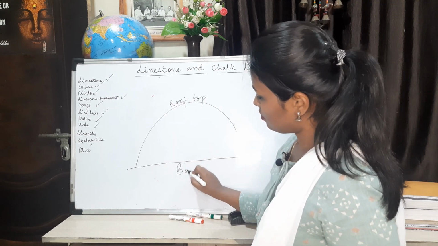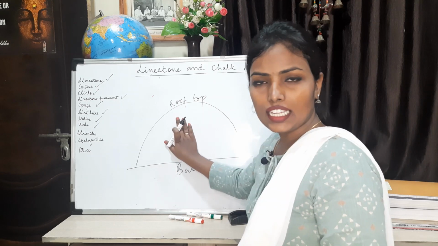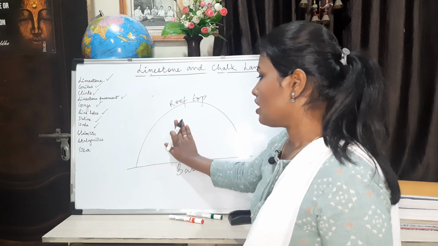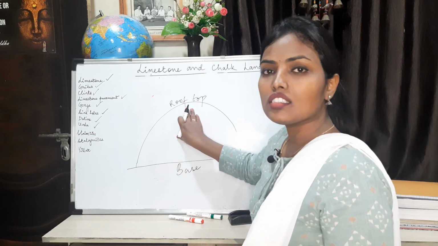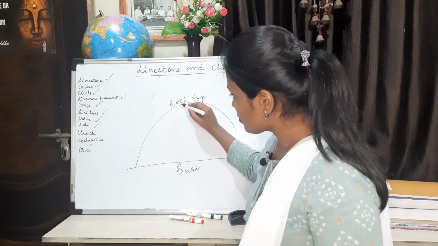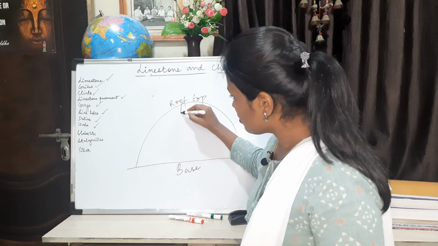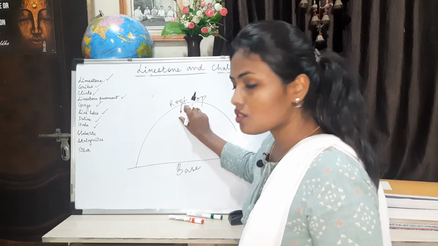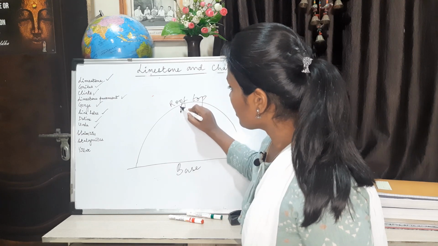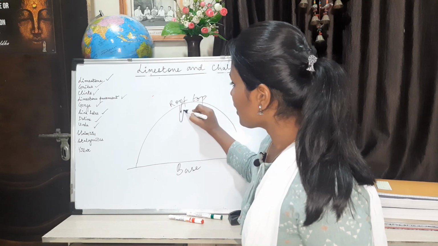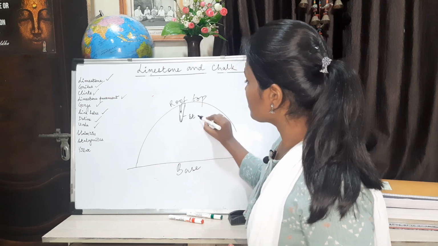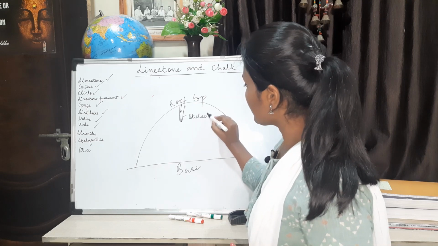Since these are made up of limestone rocks, when the water sinks into the roof, it causes the limestone rock particles to move downwards, and that forms hanging pinnacle kind of hangings which are called stalactites.